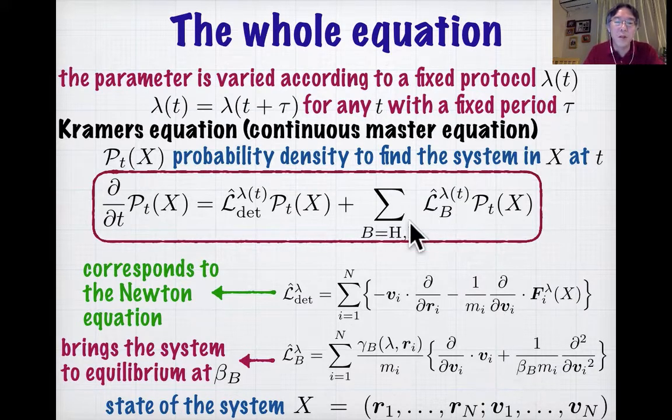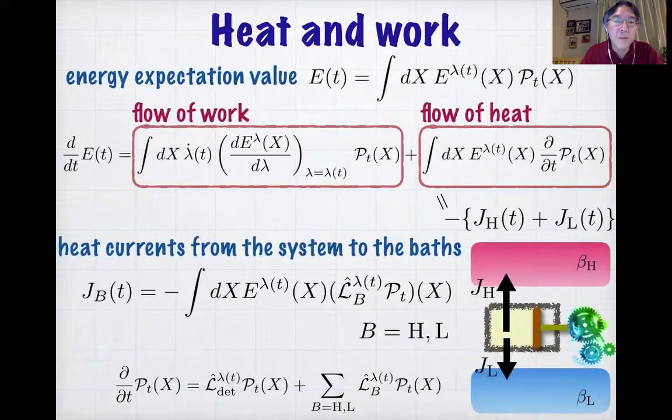This is a very natural setup. If you only have a single bath, then everything goes to thermal equilibrium. We have exactly the same bath, but with two different temperatures. So this is still a very standard description.